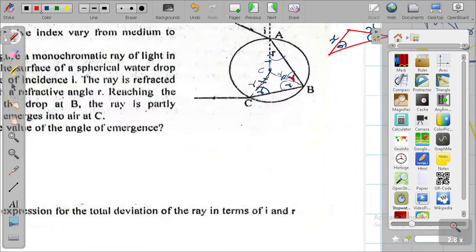So if this angle is the angle of reflection, light has a weird way: it can travel forward and backward in the same way. It is like reversing.